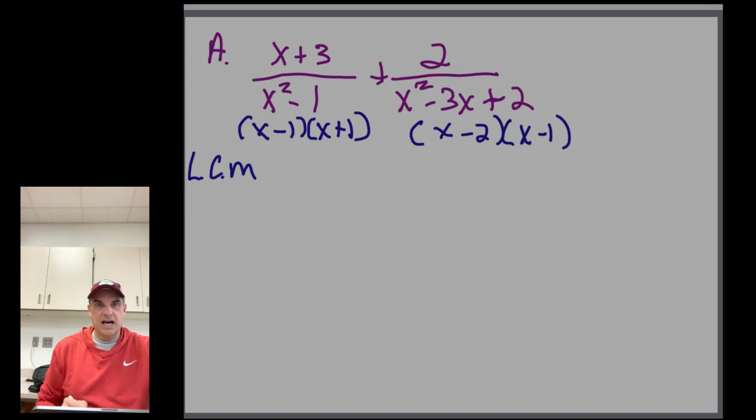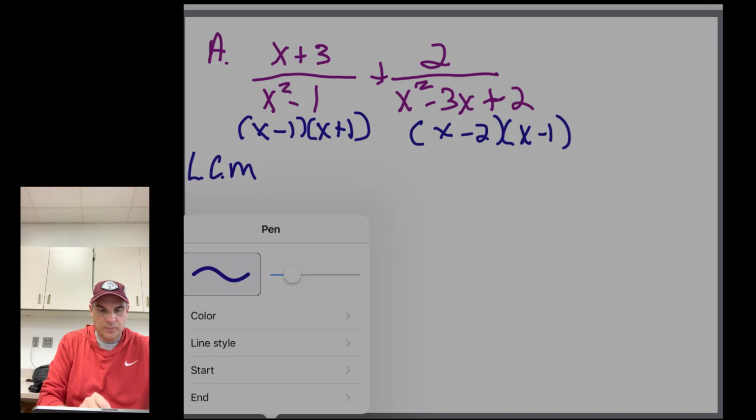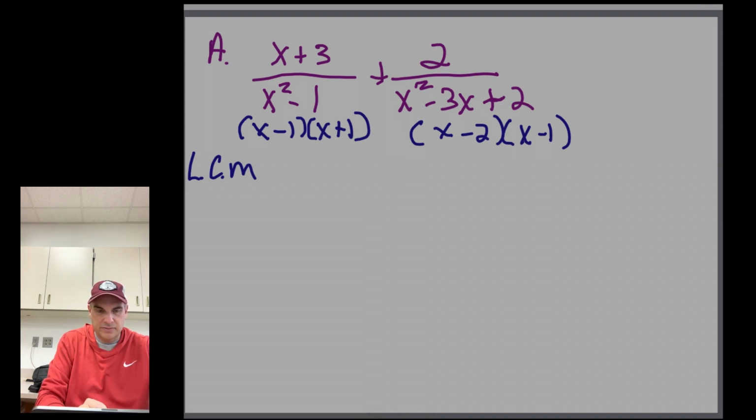So when we're talking about our least common multiple, I just start out from left to right. So I've got x minus 1, x plus 1. Now I look at the second one and I see if anything's repeated. I notice that I've got an x minus 1 in both of them, so I don't need to write the x minus 1.